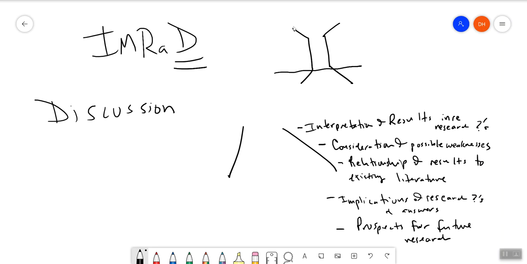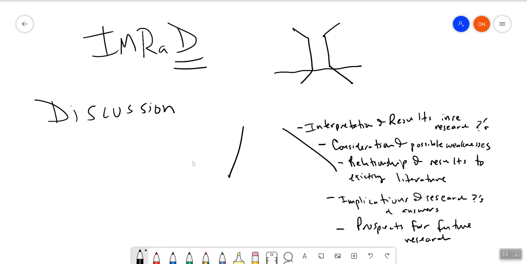If we think back to that IMRaD structure, remember the intro is kind of broad, okay? Here, the discussion, once again, broadens out from the specific methods and results that you had. So it broadens these out and it's trying to suggest implications of future research projects, etc.